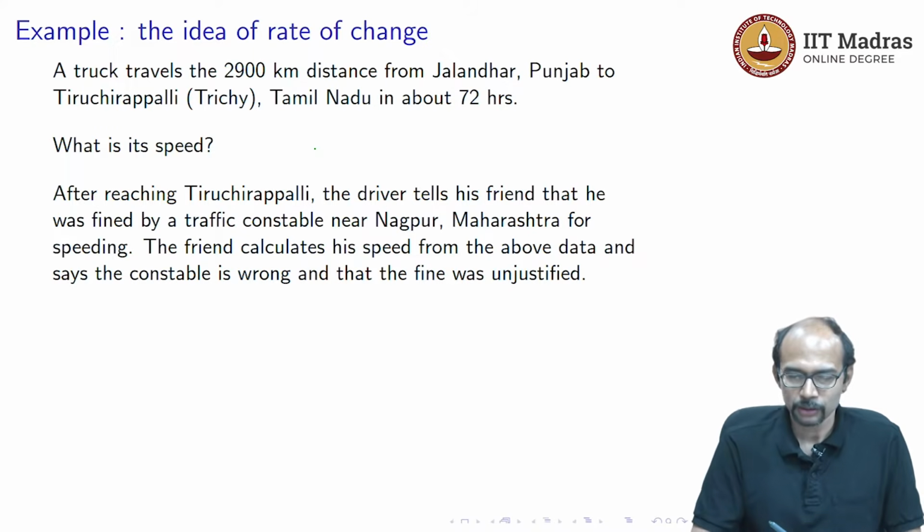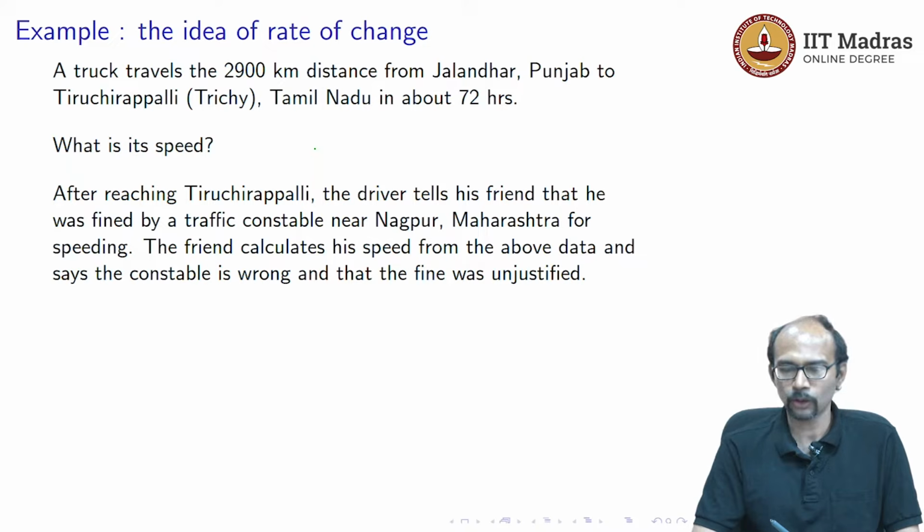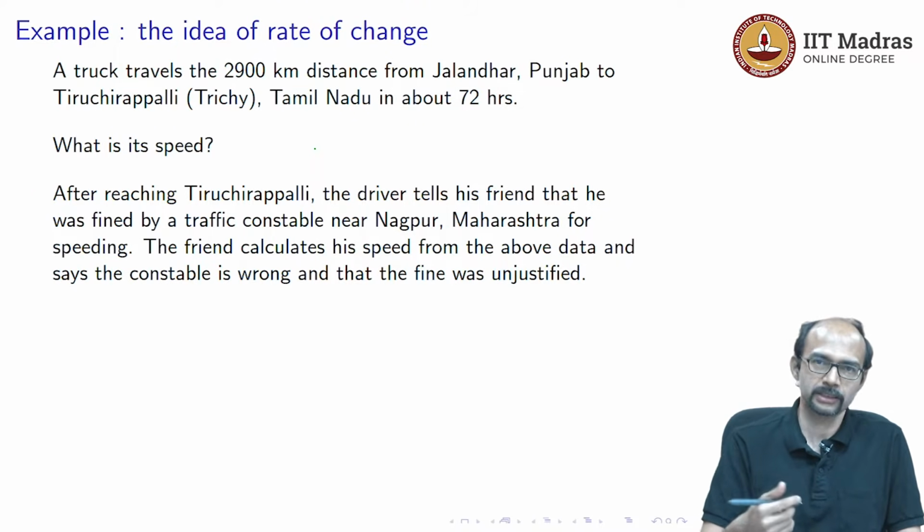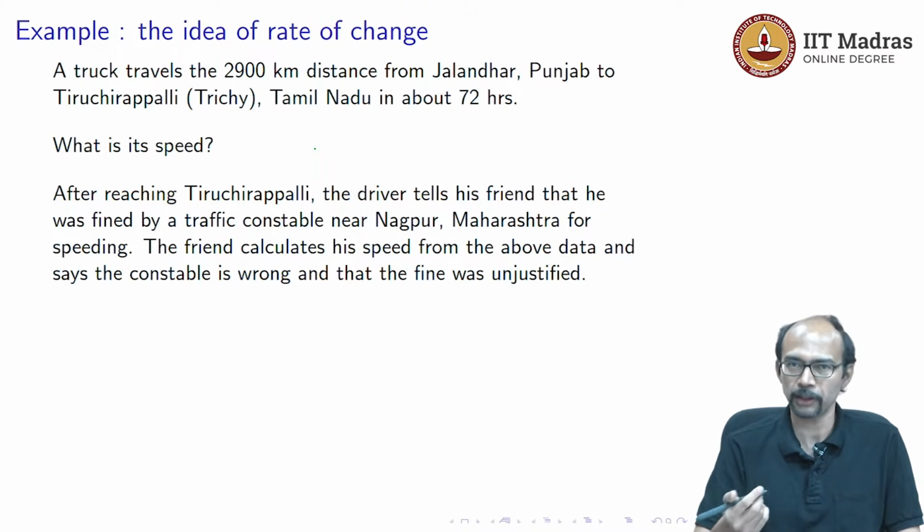Fine. So, the friend calculates his speed from the above data and says that the constable is wrong and that the fine was unjustified. So, what does the friend do? They do exactly what you probably did. They do 2900 by 72 and compute that the speed must have been 40 kilometers per hour, and they say, hey, how can that be speeding, right? So, indeed the speed is below the 40 kilometers per hour allowed.